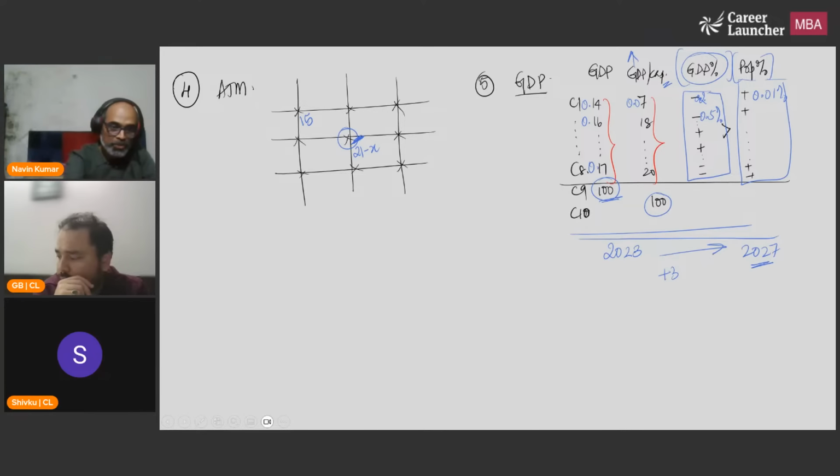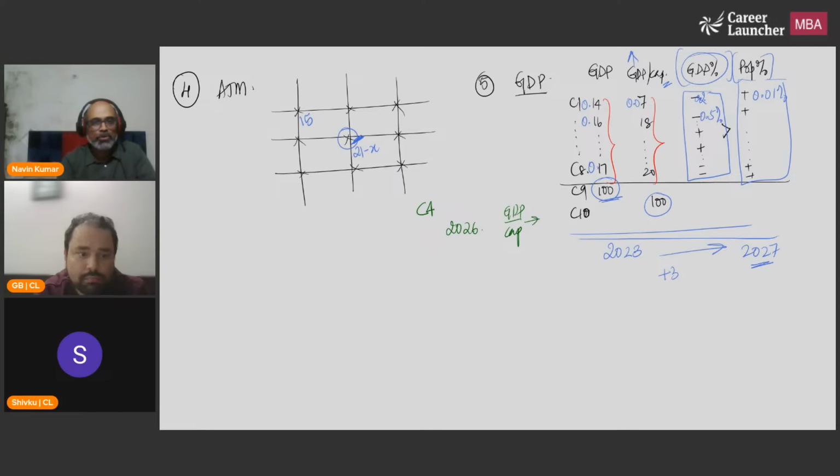There was though one question which was calculation based. It was, I believe, for country 4 or country 5 or country 7. They asked us which number the 2026 GDP per capita was closest to. The answer I got was, I think, 1 point something or 0.19.